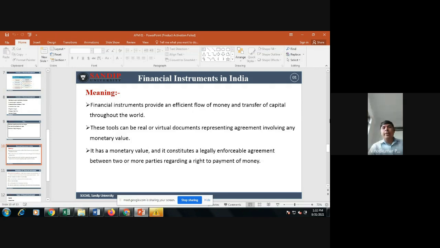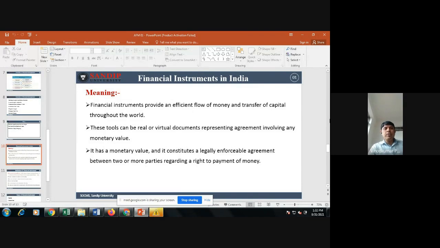Insurance is an instrument, as are shares, debentures, warrants, American depository receipts, and global depository receipts. Through these, we can raise funds from the market for our organization. A financial instrument provides an efficient flow of money and transfer of capital throughout the world.